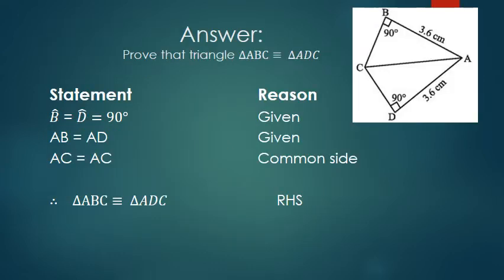Let's quickly have a look how we would write this up. You're going to say angle B is equal to angle D. We've got an angle there, and that's 90 degrees. That's been given. And then also AB is equal to AD. That's also been given, it's on the sketch. The only thing that you now have to see is there's another side that's equal: AC is equal to AC.